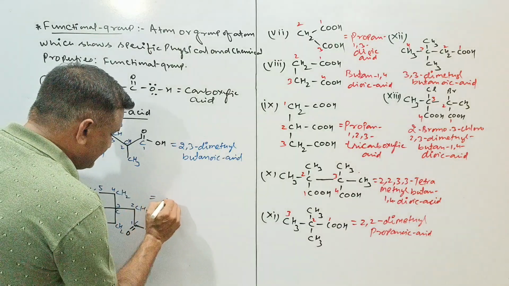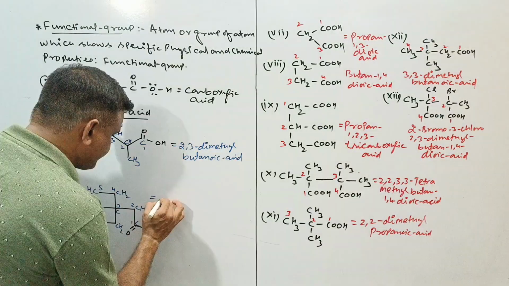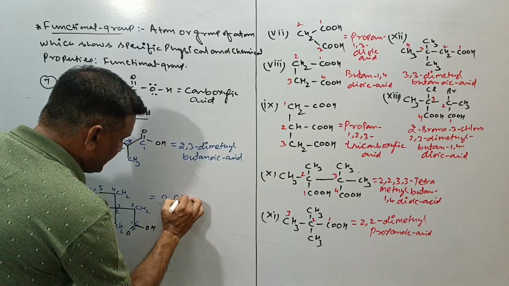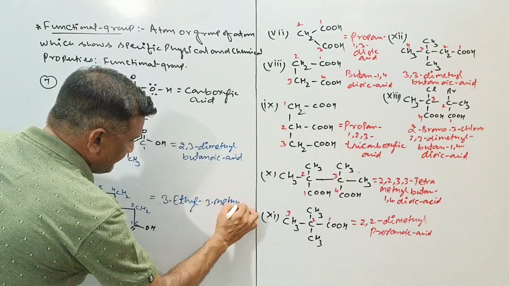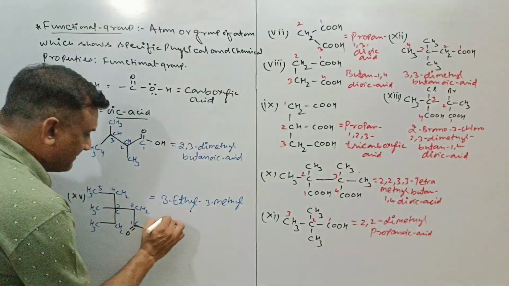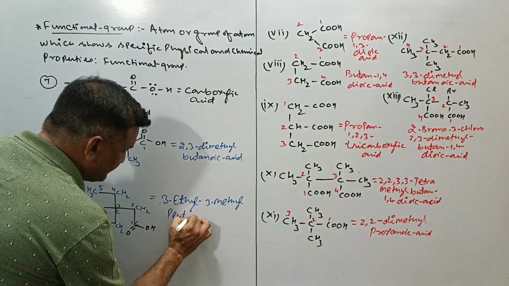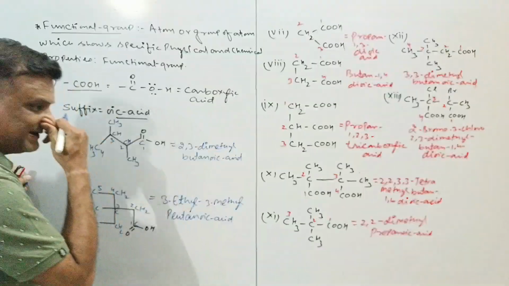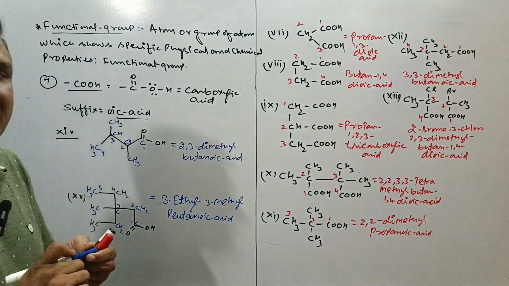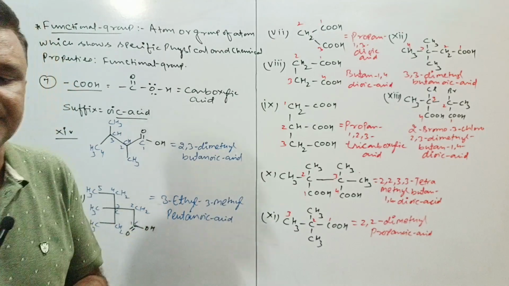So alphabetically, 3-ethyl, 3-methyl, and there are 5 carbons in the chain, so it will be pentane, and oic acid will be the suffix. So this was about the functional group carboxylic acid.